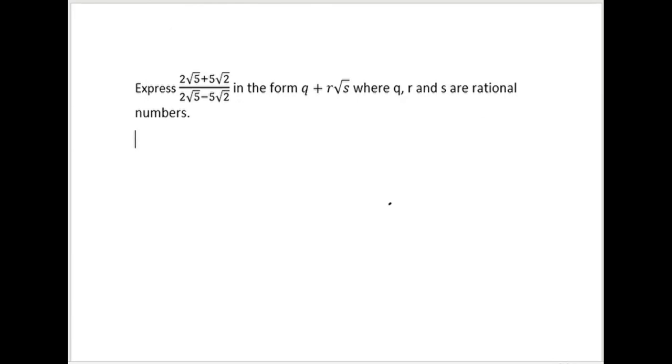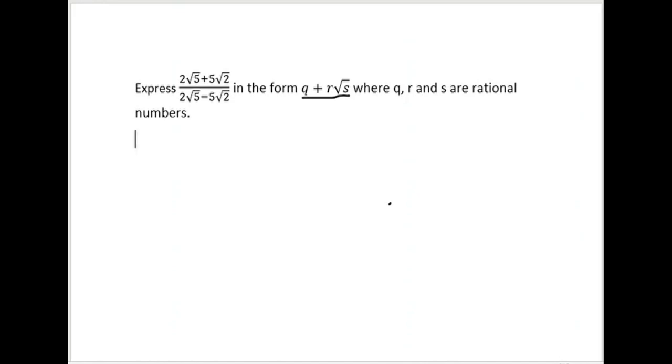In this example, we are asked to express 2 root 5 plus 5 root 2 all over 2 root 5 minus 5 root 2 in the form q plus r root s, where q, r, and s are rational numbers.